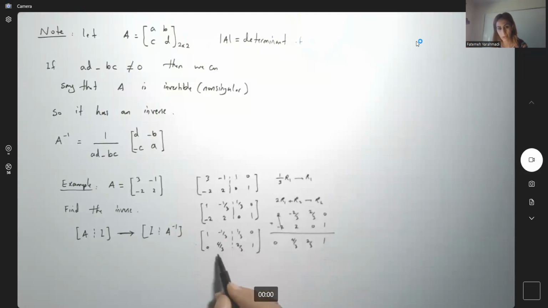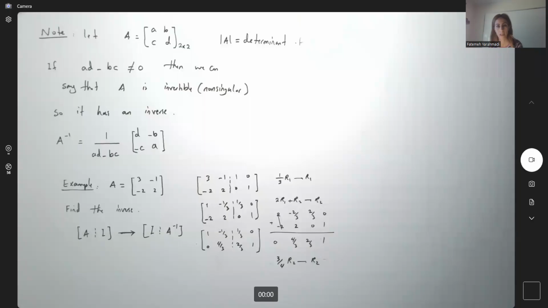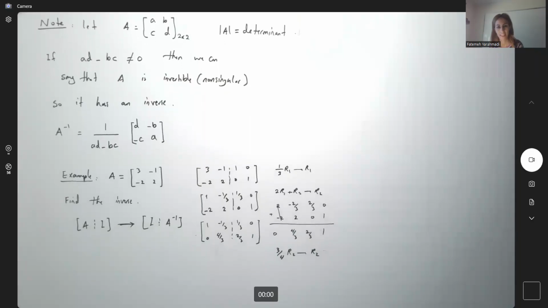So now we're going to check the second row. This entry must be equal to 1, which it is not. So we're going to multiply everything by 3 over 4. 3 over 4 times R2 becomes your new R2. Very good. Let's see.